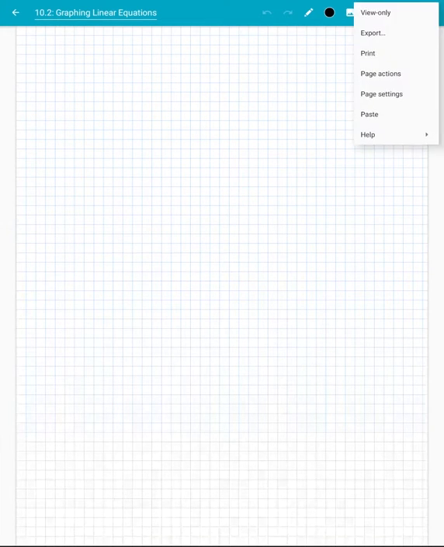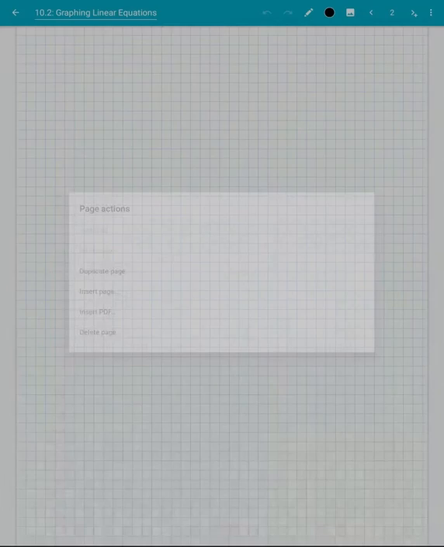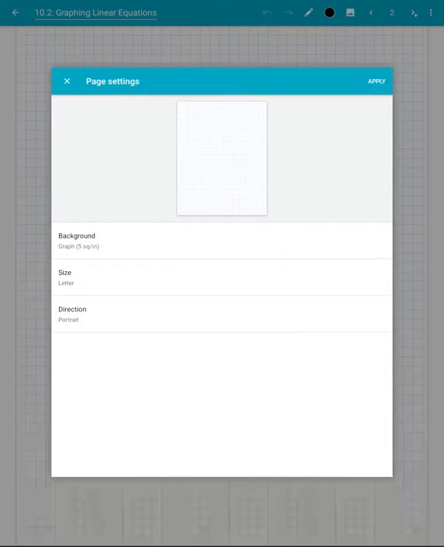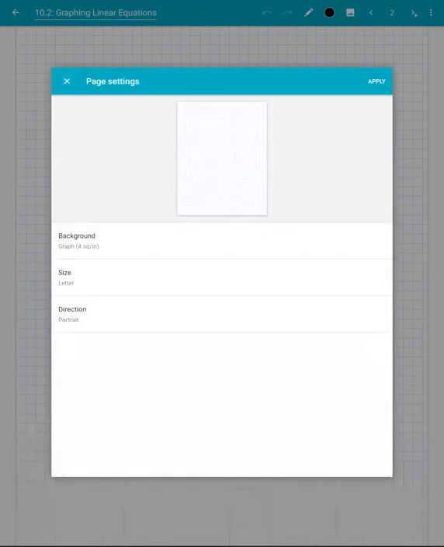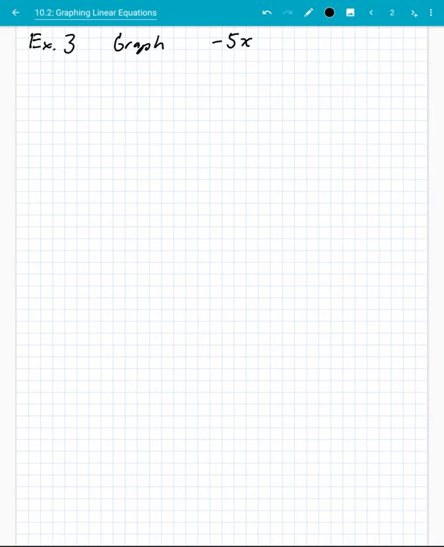I'm going to change it to not 5 square inches. Thought I had a smaller one. Let's do 4 square inches. This way the squares are a little bigger. Okay, so let's do example 3. Once they do the same thing, graph. And this time the equation is -5x plus 3y equals 15.